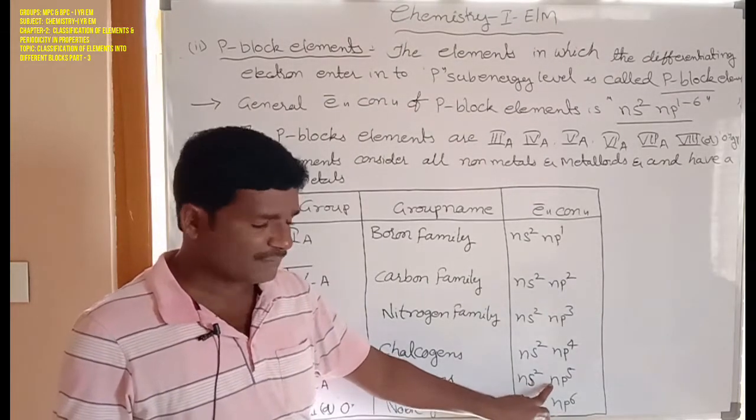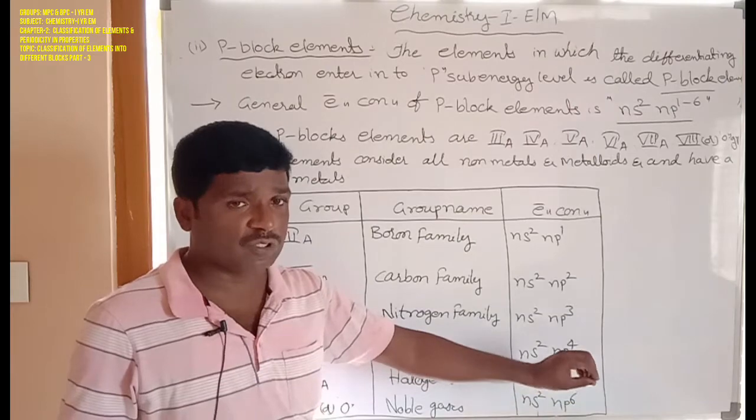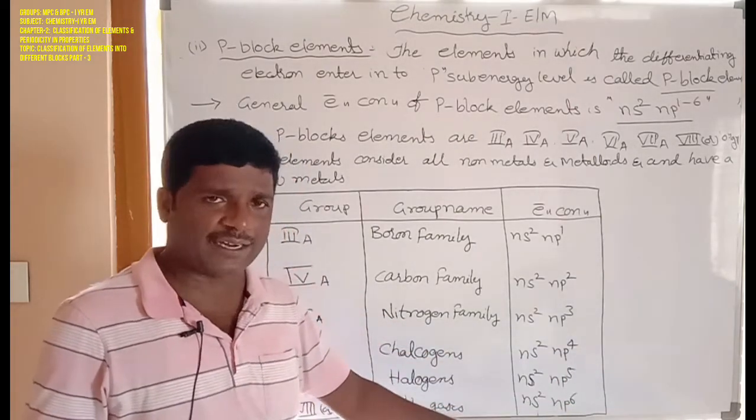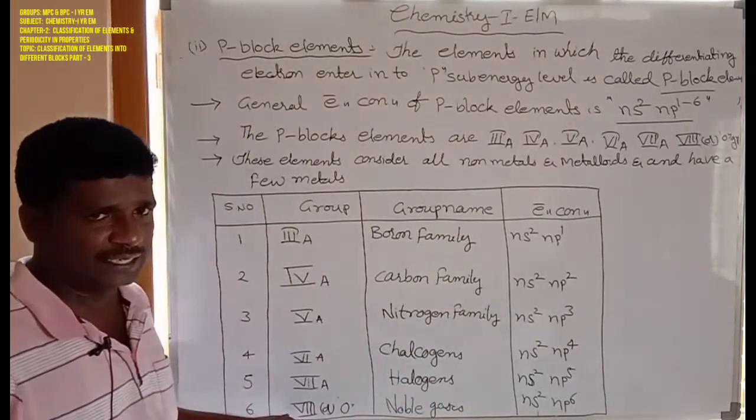Electron configuration ns2 np5. The outermost valence shell consists of only 7 electrons, so it is called the 7A group elements.